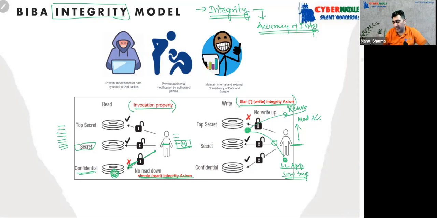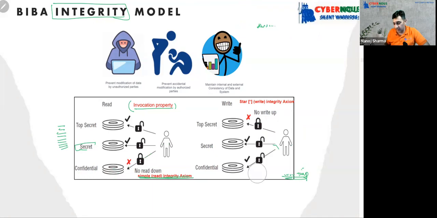Very simple to understand. Let me quickly summarize this particular model for you. I don't think you need anything more than this from an exam perspective. First thing is, it's an integrity model, right? It is focused on integrity. The security goal is integrity. Second thing, the three axioms or three properties, just understand that it is completely reverse of Bell LaPadula. You should not be able to read below your level, because this may impact your decision making.